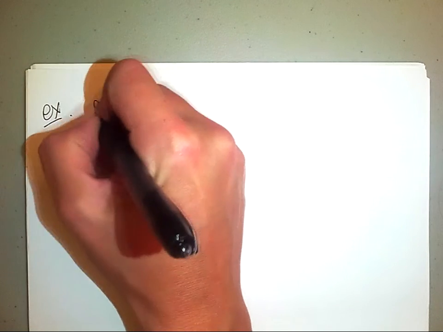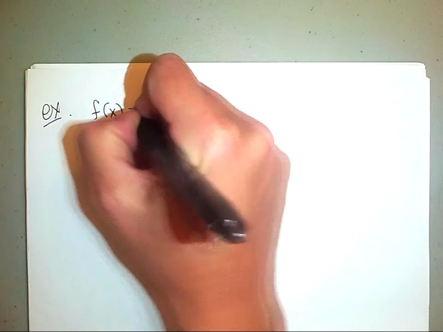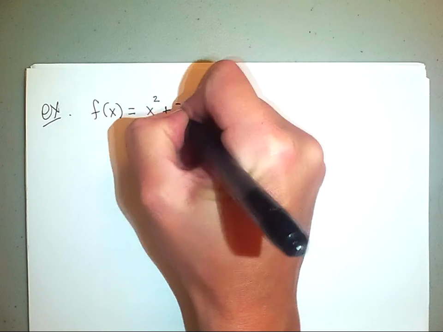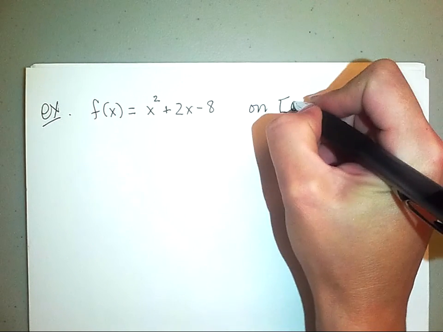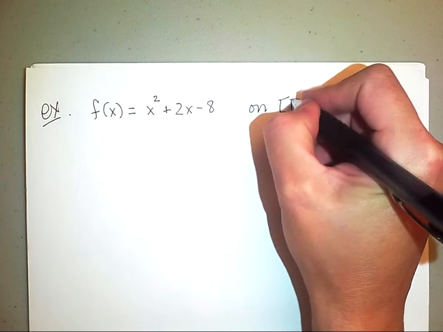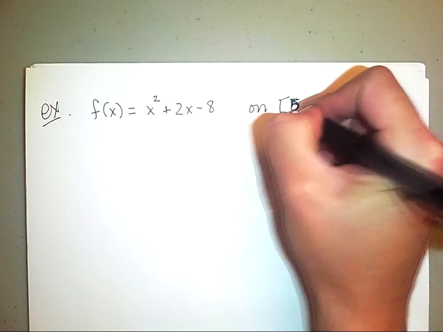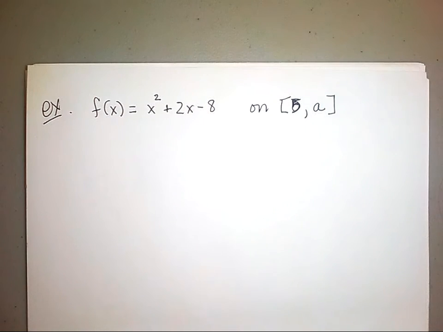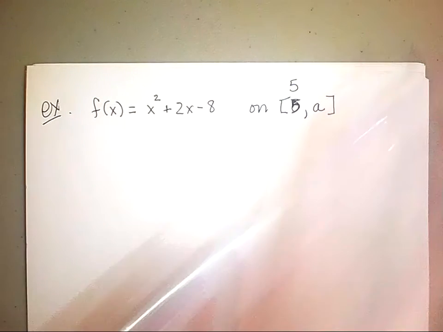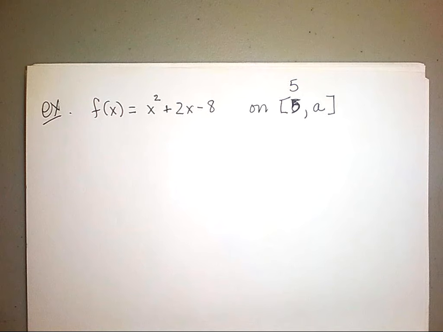Okay, we could also do it, so this is the difference quotient with numbers. We could also do it on an interval that's unknown. What should we do? Let's let our function be f of x is equal to x squared plus 2x minus 8.